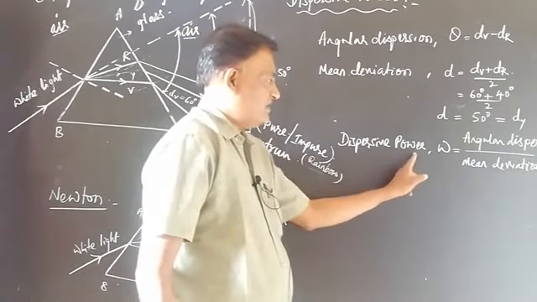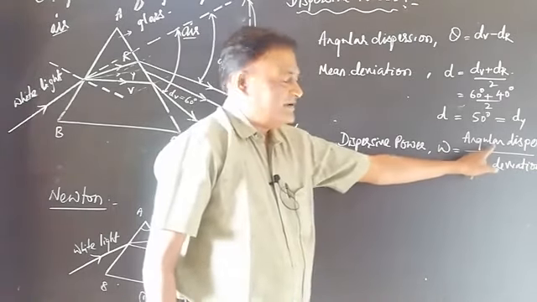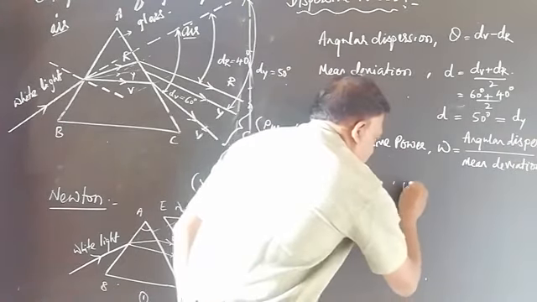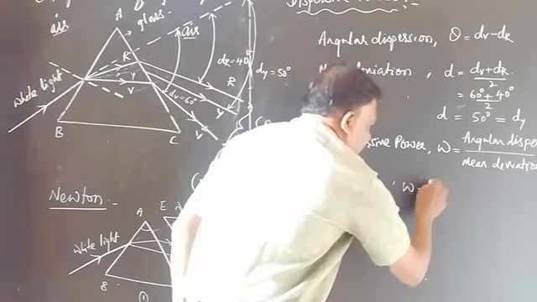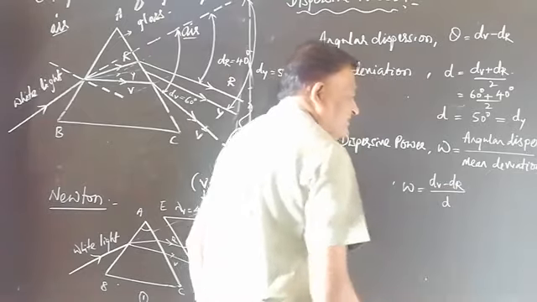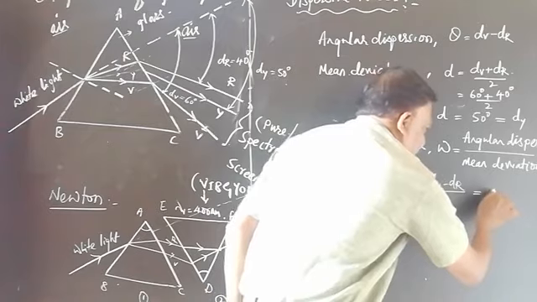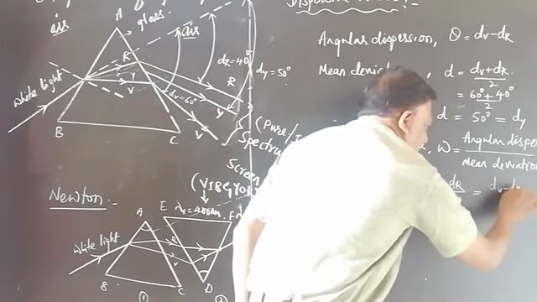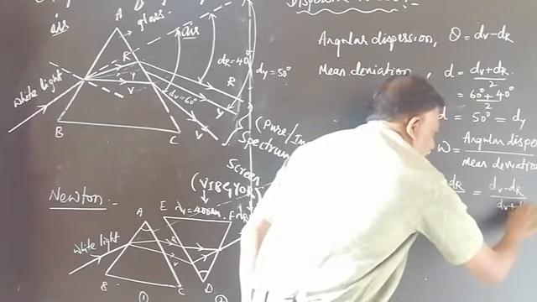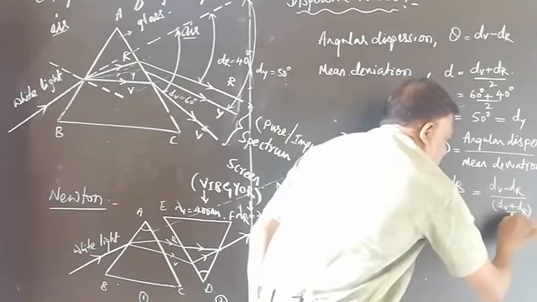So dispersive power is denoted by the Greek letter omega and defined as the ratio of angular dispersion to the mean deviation. That is, omega equals dv minus dr divided by d, or dv minus dr divided by dv plus dr whole thing divided by 2.